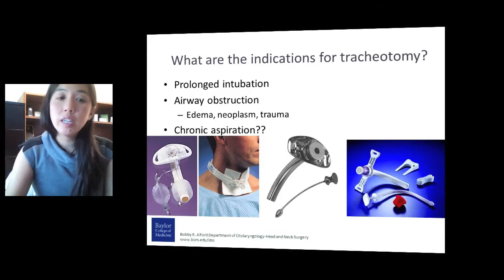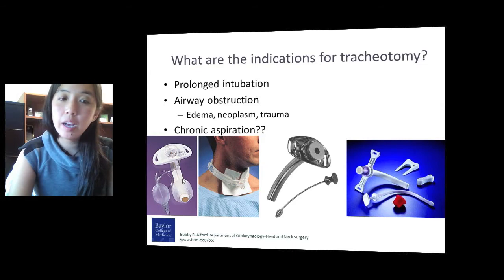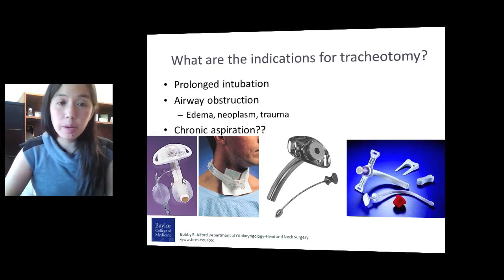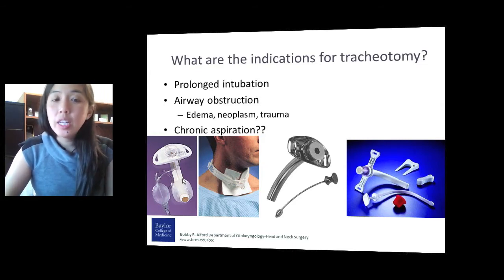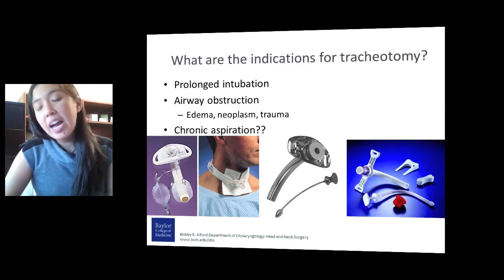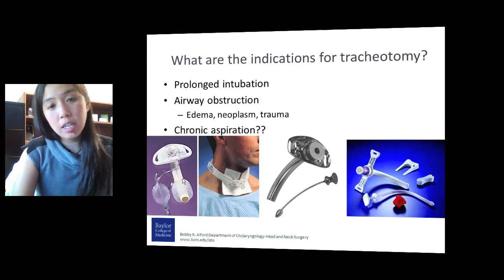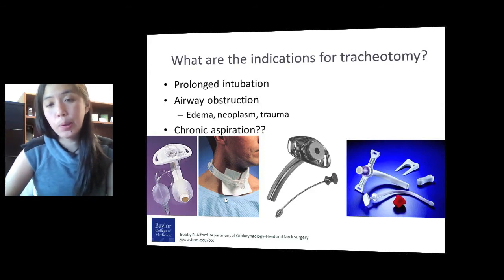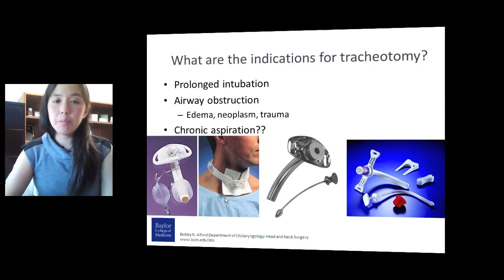Food is still going to get into the airway, it just accumulates above this cuff, and eventually they're still going to aspirate. The only advantage a trach provides for a patient who aspirates is that now you have better access to their lungs, because you can stick a suction tube into the tracheotomy and suction out their lungs. So you get better pulmonary toilet, but the trach itself does not prevent aspiration.